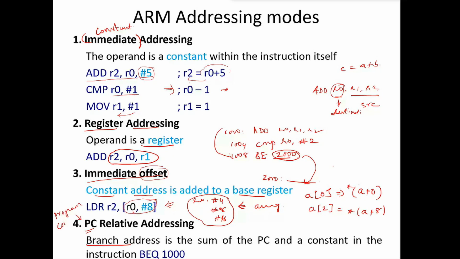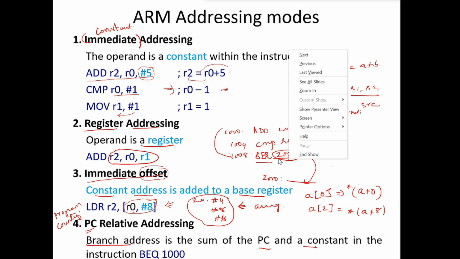Program counter. It is not a personal computer, it is a program counter. So the branch address is the sum of the PC and a constant in the instruction. This was the same example: when you are comparing, if equal, branch equal, it will go to this address. Clear? So these are the major addressing modes they have explained.